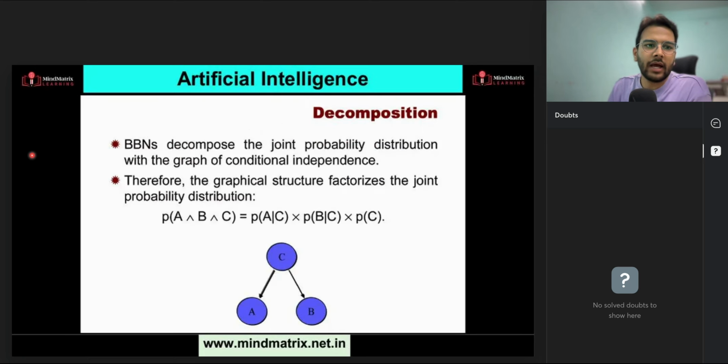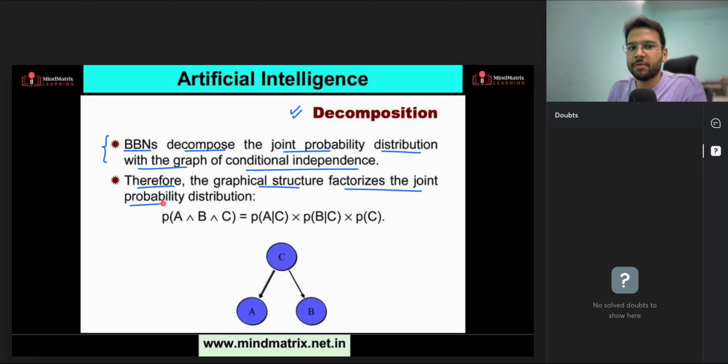And what else? This decomposition that we are doing: Bayesian networks decompose the joint probability distribution with the graph of conditional independence. This is what we did, right? Therefore, the graphical structure factorizes the joint probability distribution like this.